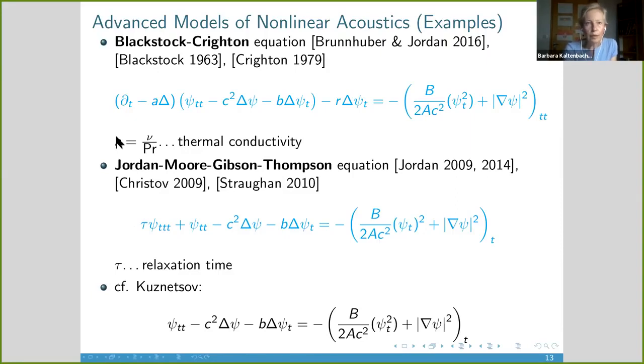We will see both equations, Blackstock-Crichton and the JMGT equation, later on, and look at limits as this A tends to 0 or this tau tends to 0, which should, of course, give Kuznetsov's equation. It does so formally, but it will also do so mathematically.